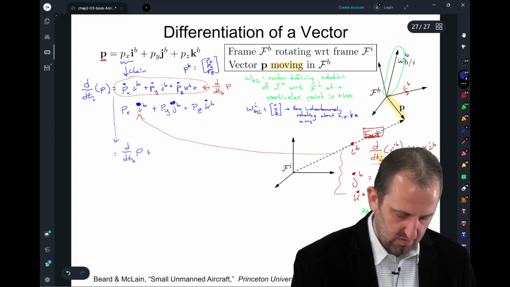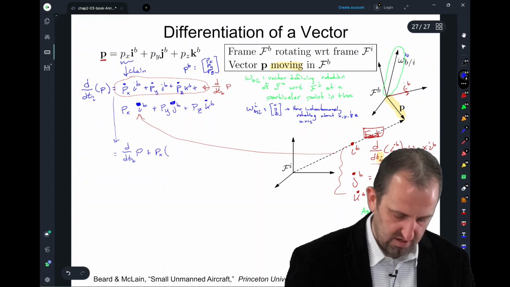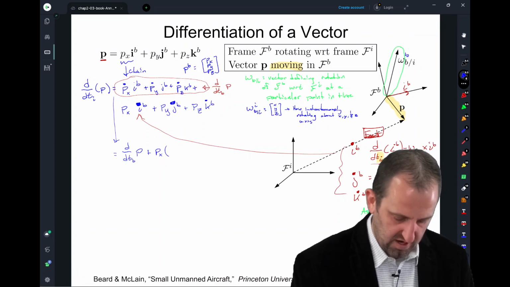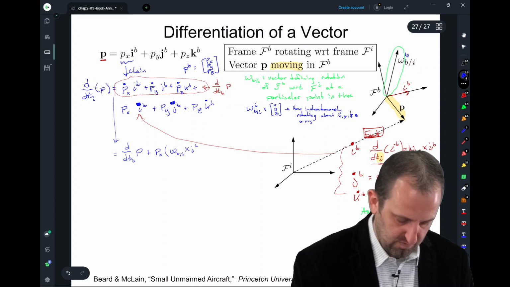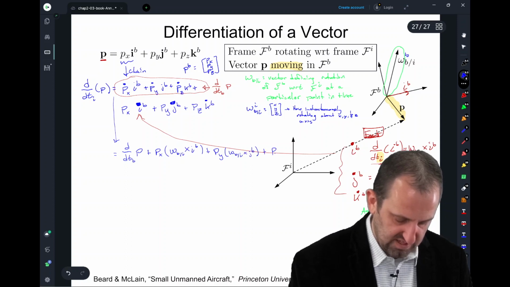And then we would say that we have Px, and we're just going to substitute in our I. So WB/I cross IB, plus then we have Py and our WB/I cross JB, plus Pz WB/I cross KB.